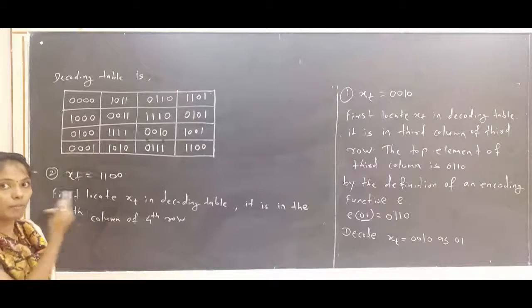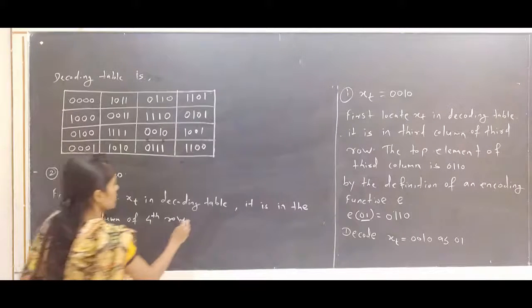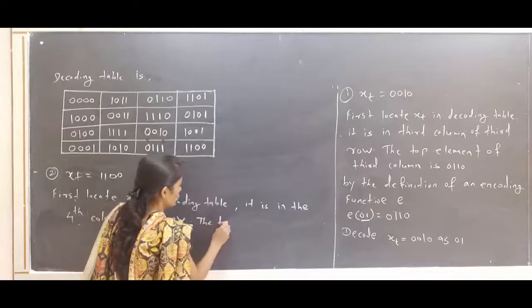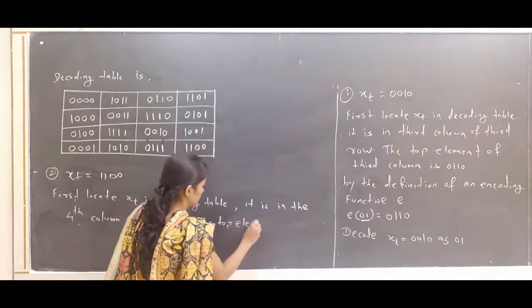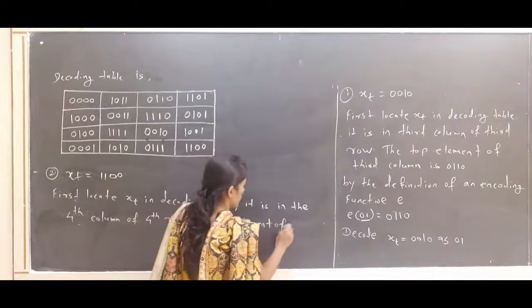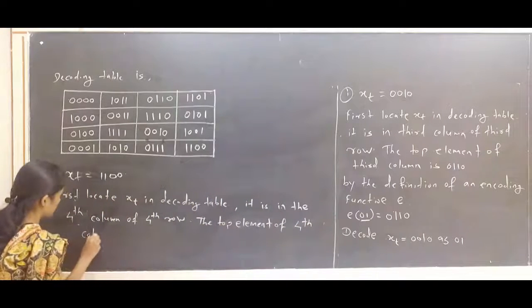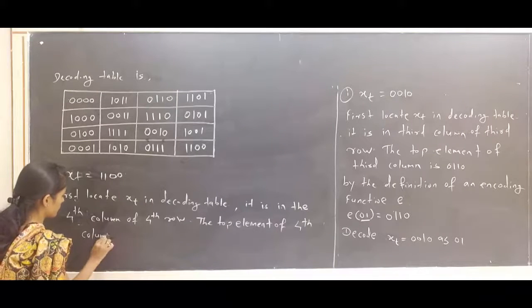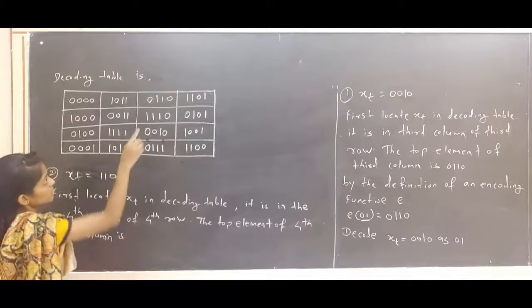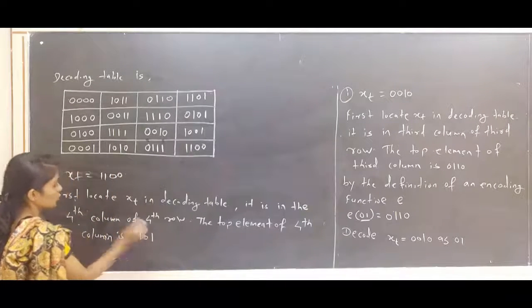Now observe the top element of the fourth column. The top element of the fourth column is 1 1 0 1.